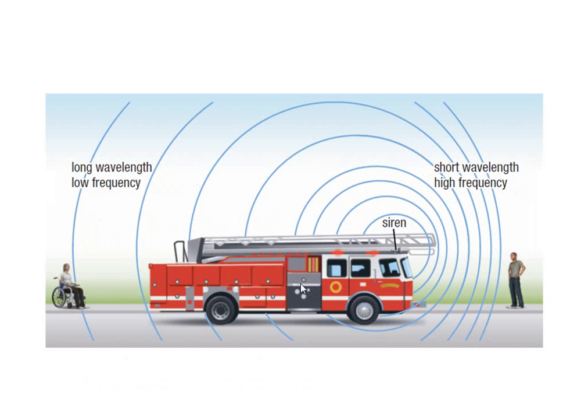Okay, let's use another example. For example, this is a fire truck, and the siren, when it is driving at a very fast speed and turns on the siren, then the audience in front of the truck hear very short wavelengths, or say high frequency.